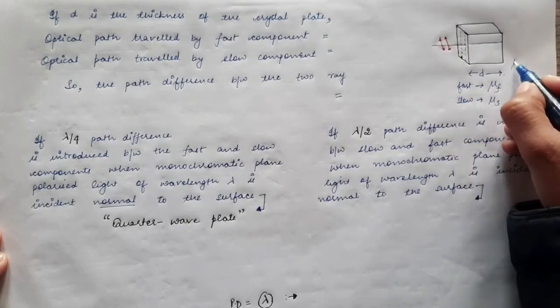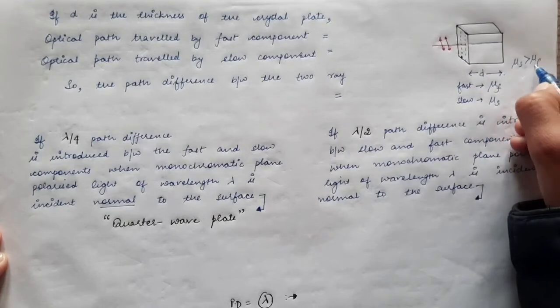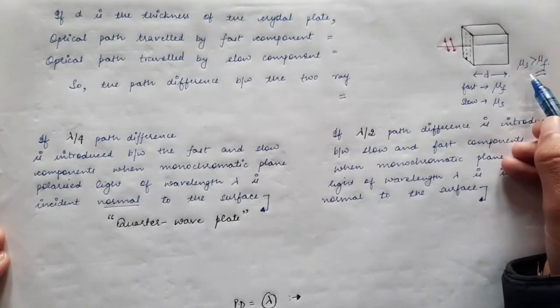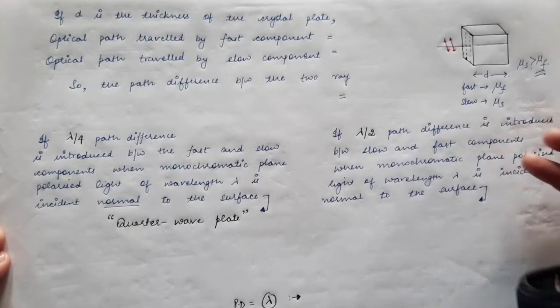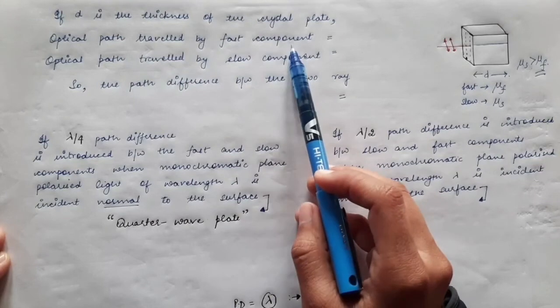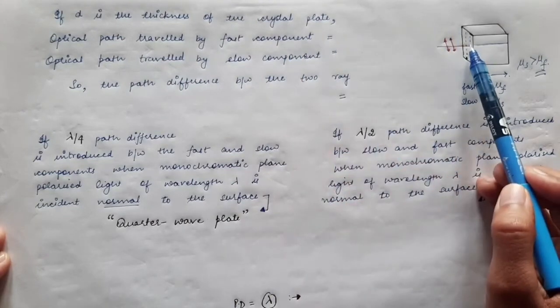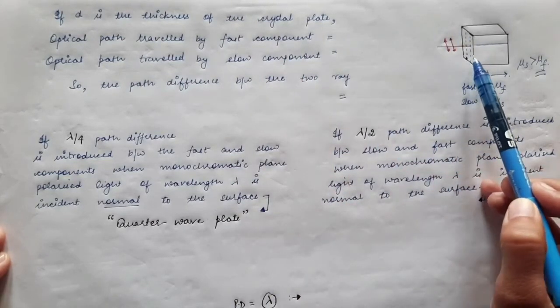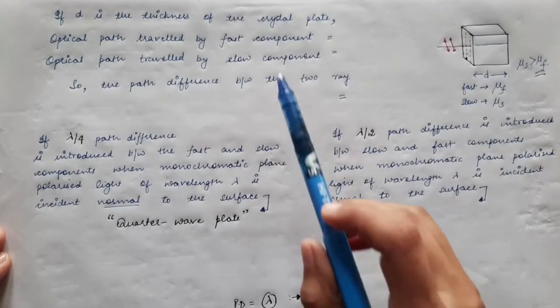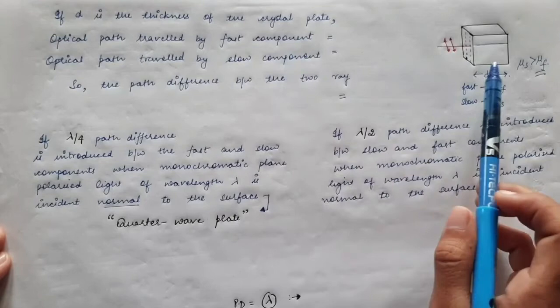Obviously mu s is greater than mu f, which we have already seen. The fast component can be either the component parallel to the optic axis or perpendicular to the optic axis. Fast and slow components depend upon the type of material you are taking.